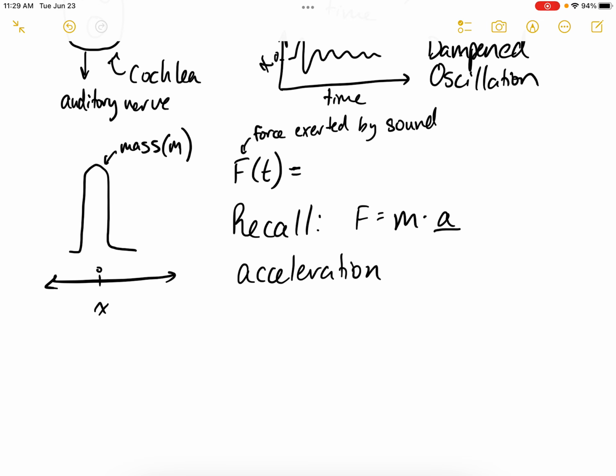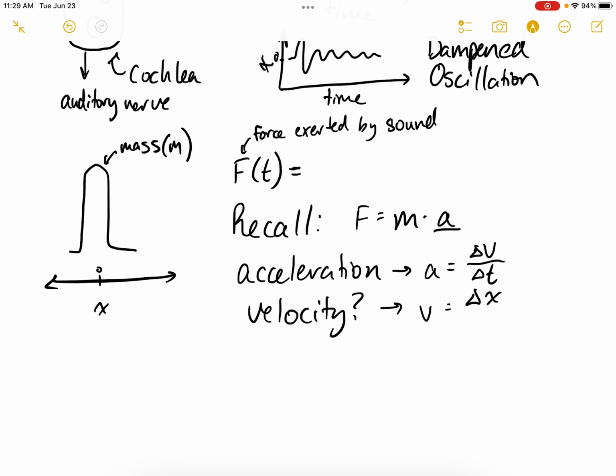We might remember from our physics class that a is equal to change in velocity over a change in time. Now, what is velocity? Again, recall from your physics class that velocity is equal to a change in displacement, in this case x, over a change in time.